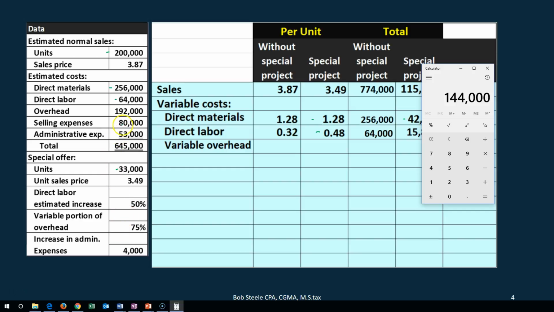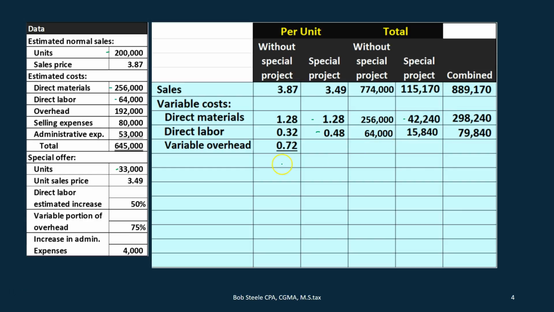And if we divide that variable portion by the 200,000, that's how we're going to get the variable portion of the overhead, 0.72 per unit. That's going to be the same for the special project. Therefore, without the project, we have that 144,000, the 0.72 times the 200,000. With the project, we're going to have the 33,000 new units times that variable portion, 0.72, giving the 23,760.